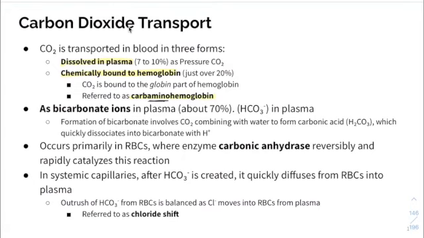The most carbon dioxide is transported as bicarbonate ions. So as carbon dioxide diffuses into the capillaries, it's going to react with water as long as we have an enzyme called carbonic anhydrase.